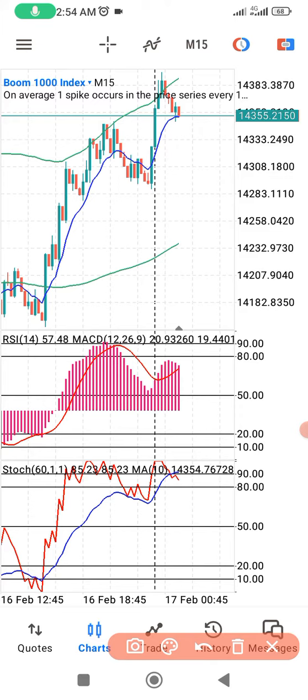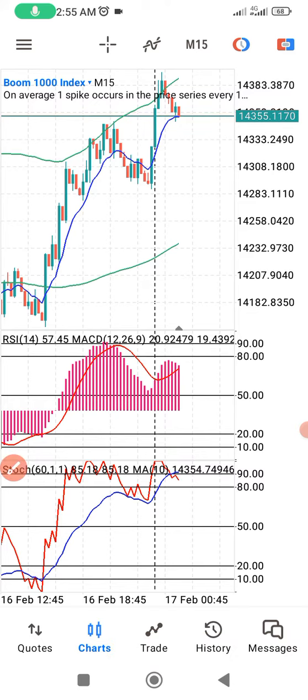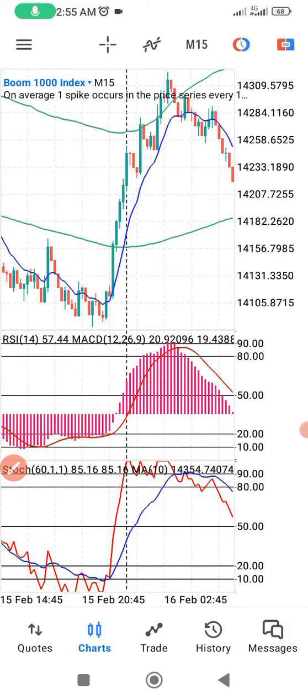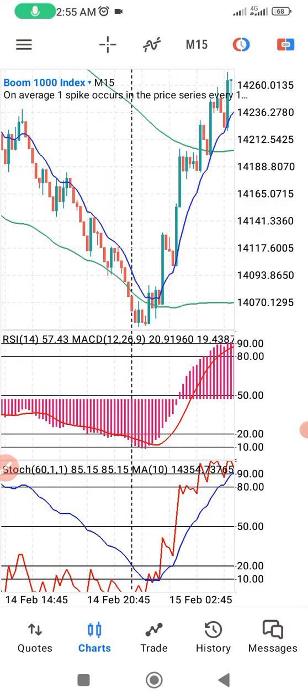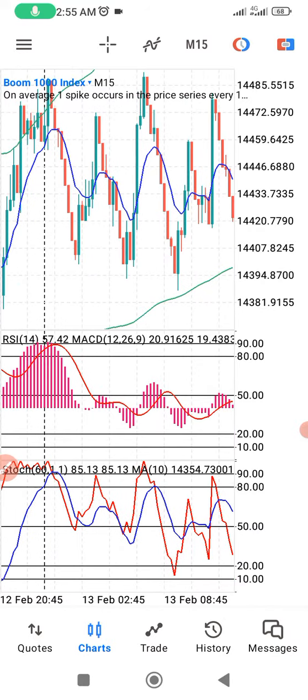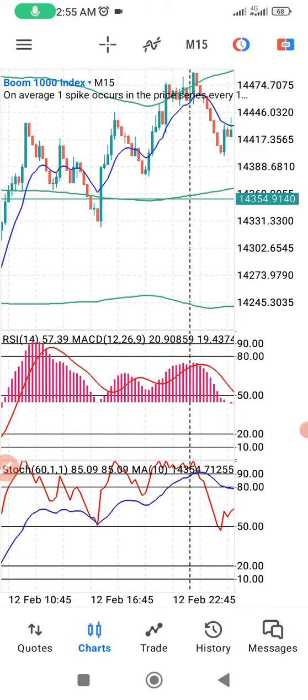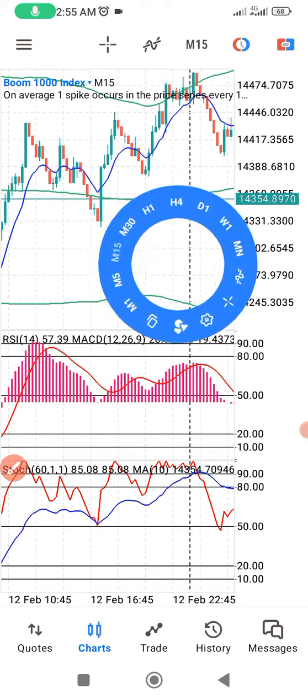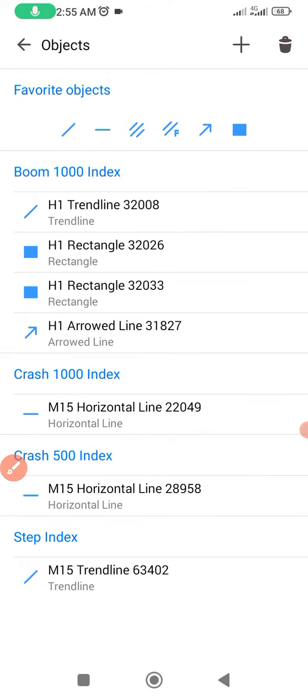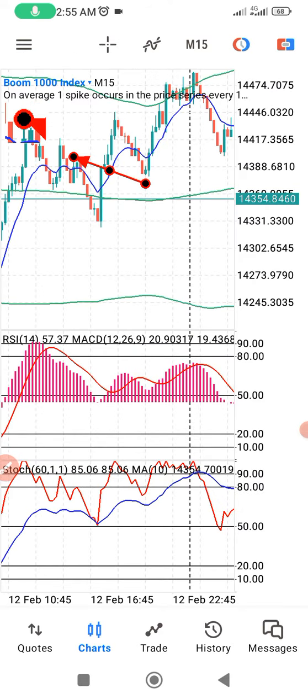So first of all, when we look at our main screen, we have 3 indicators on our main screen, right? And then let's try to explain what these indicators are. First of all, you have our Bollinger Band, which is the indicator with the green line.